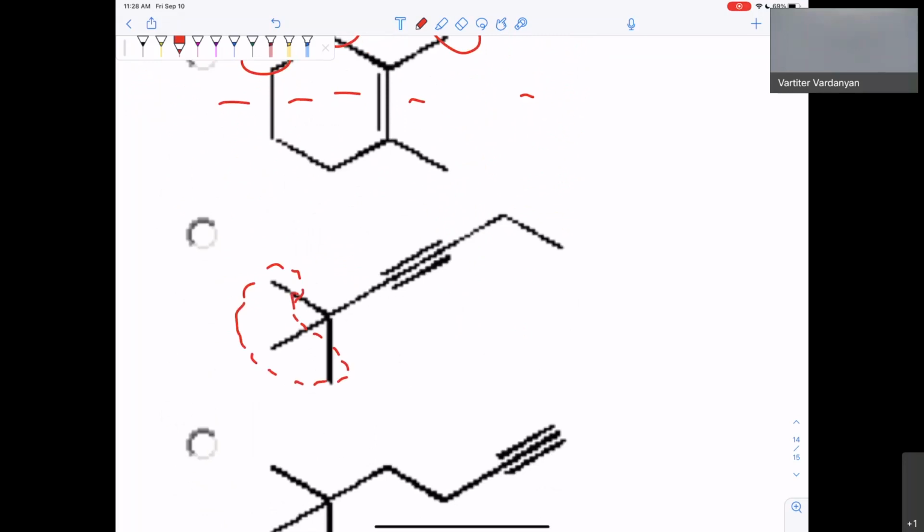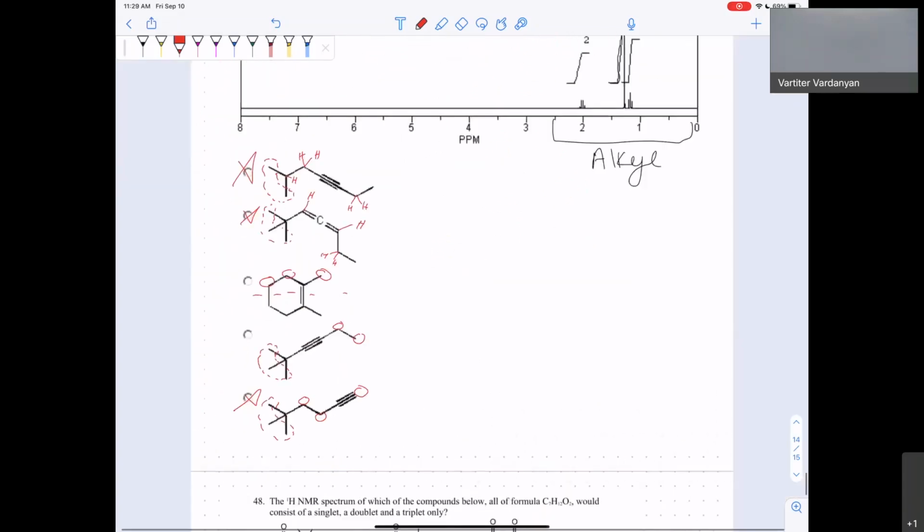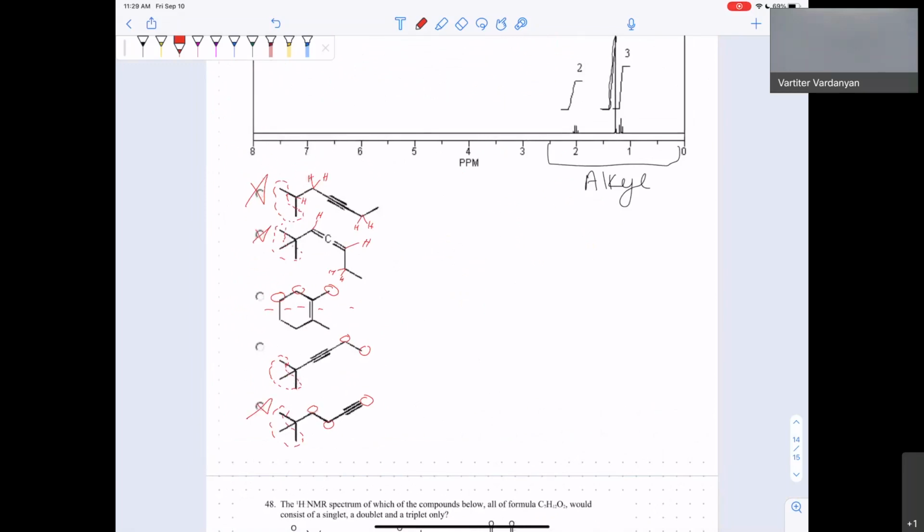No hydrogens here because it's a triple bond. No hydrogens here because it's a triple bond. 1, 2, 3. This could be an option. 1, 2, 3, 4. Too many. So just by number of signals, you've already narrowed it down to 2.